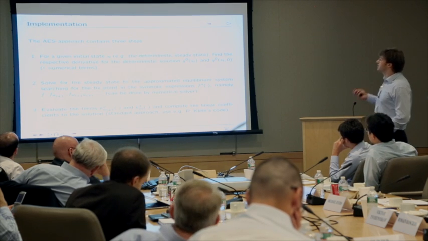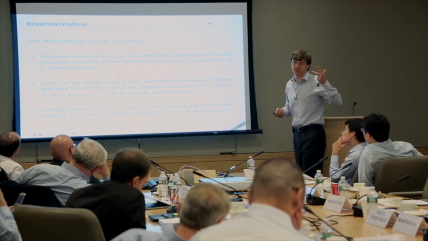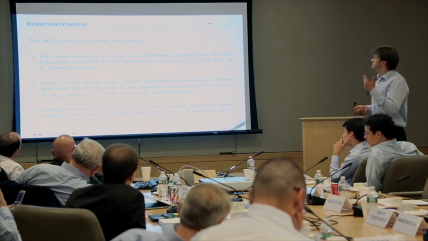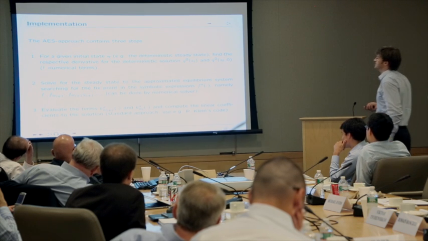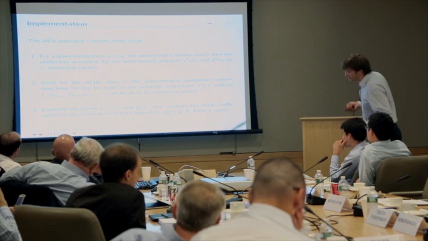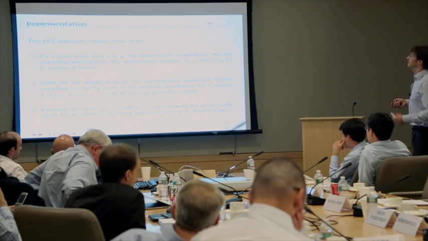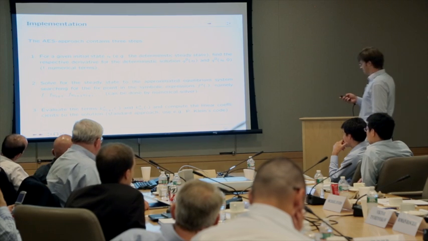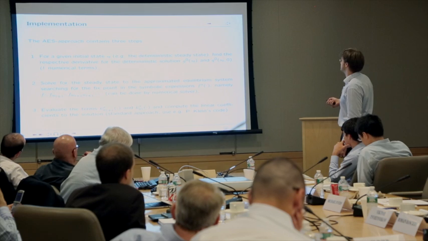Okay, so implementation. The AS approach actually contains 3 steps. The first is, for a given initial state, for instance the deterministic steady state, to find the respective derivative for the deterministic solution.